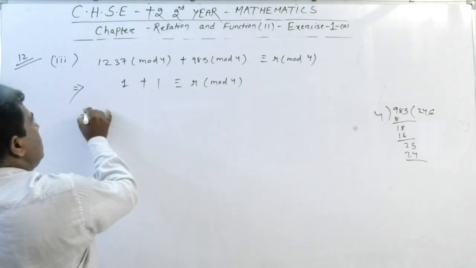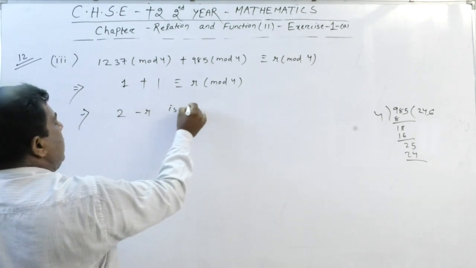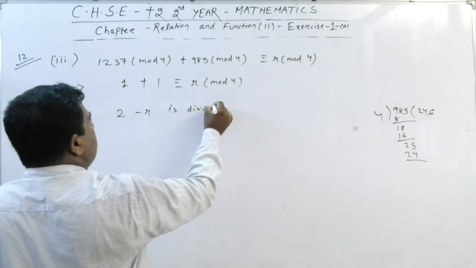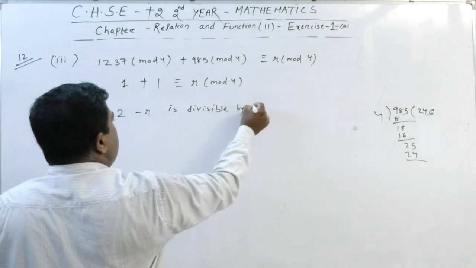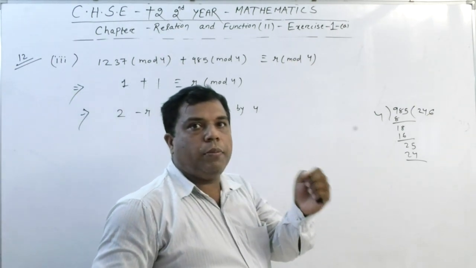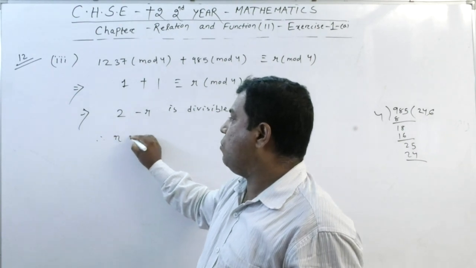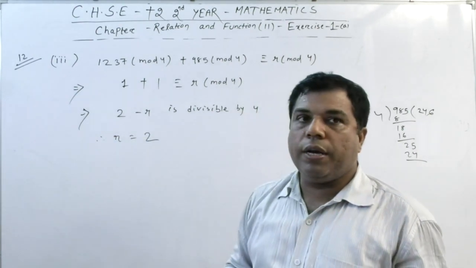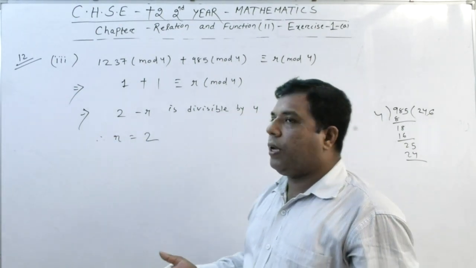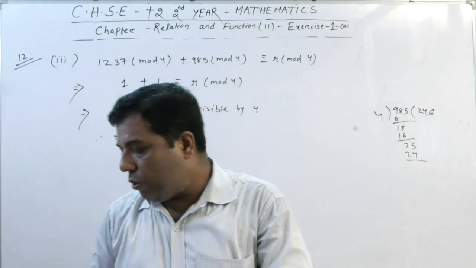So that implies 2 minus r is divisible by 4. So, my dear students, you can find the suitable, minimum value of r. Therefore r is equal to 2. In this way you can get the solutions of the congruence classes.